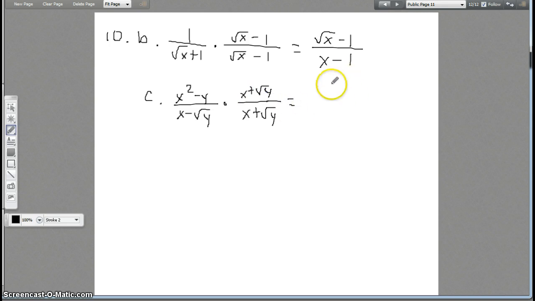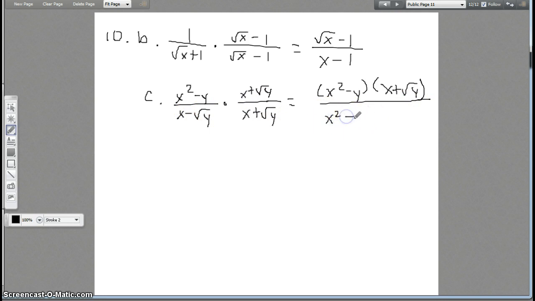Okay, so now what we need to do, I'm just going to write down our two numerators. Oh, sorry, this is just x squared minus y, not x squared minus y squared. Okay, and then this is times x plus root y. Now, in our denominator, we need to square our first term. X squared is x squared.